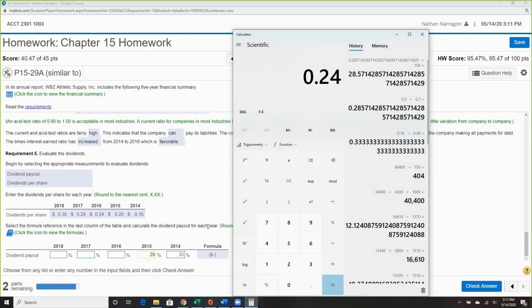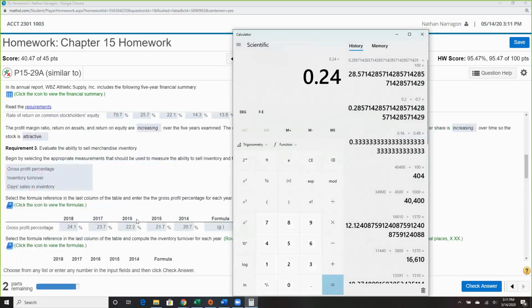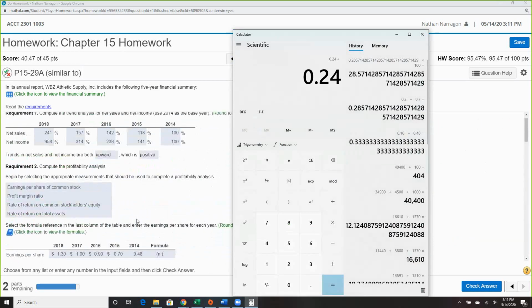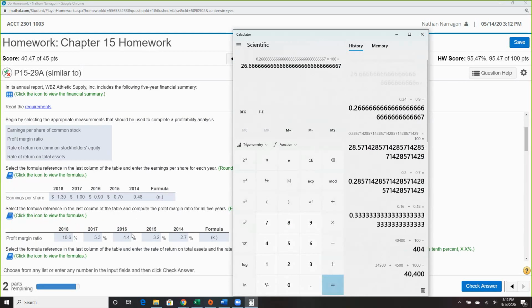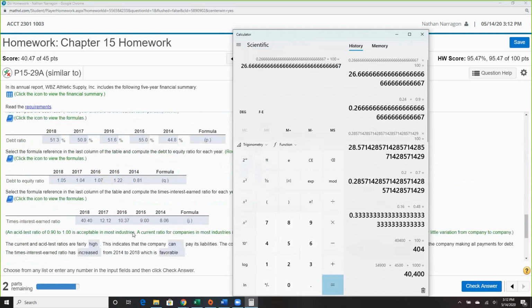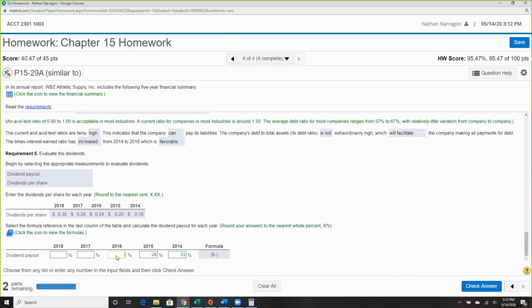0.24 divided by our earnings, which is 0.90. So 26, so 27%. 17.